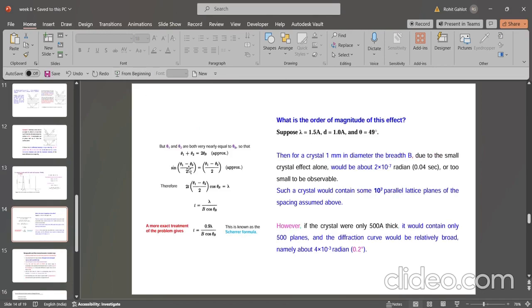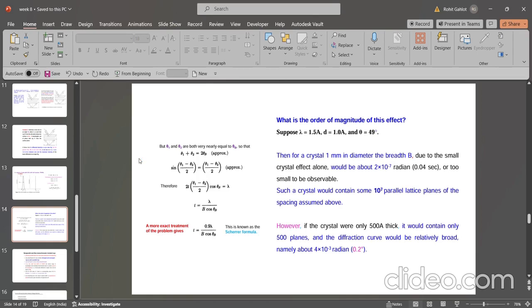Solving this, theta 1 plus theta 2 will be 2 theta b. For lower angles, the sine can be taken as theta 1 minus theta 2 by 2.